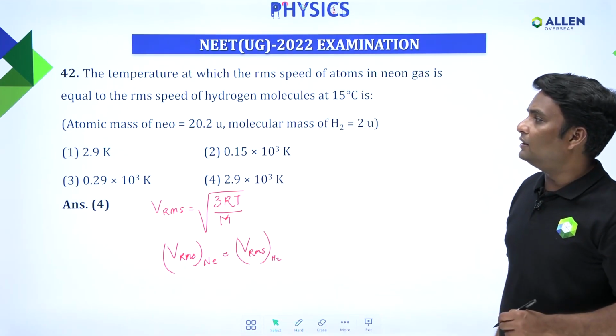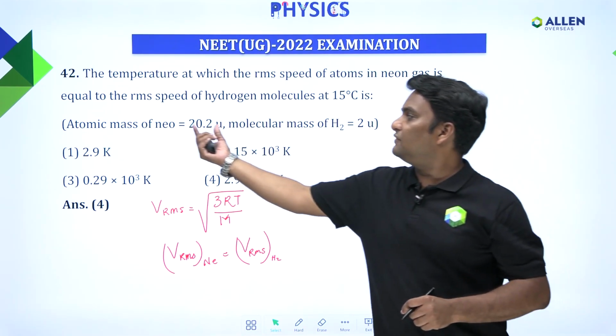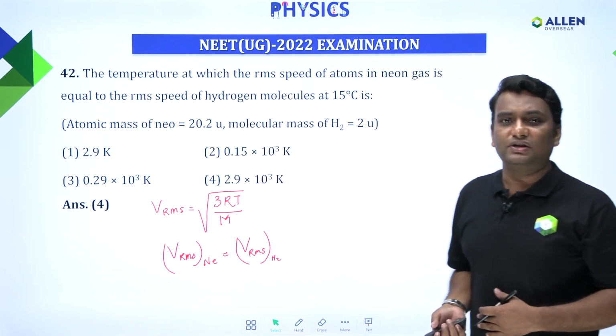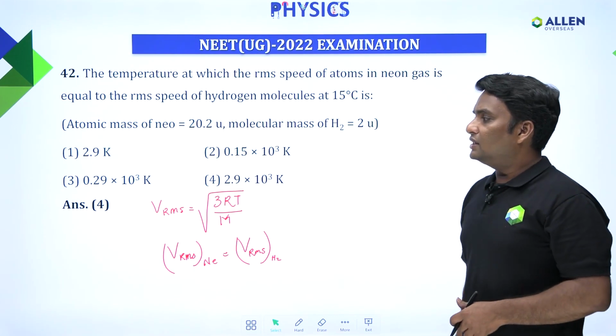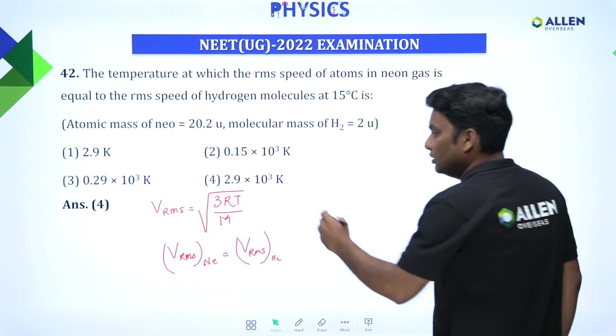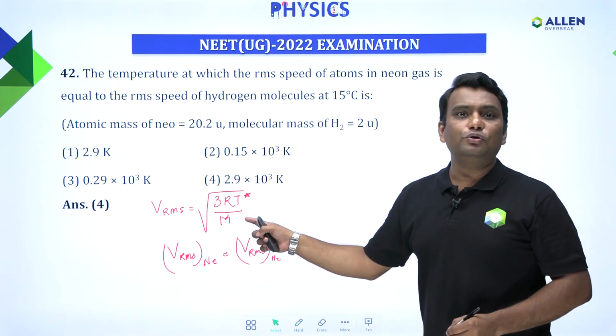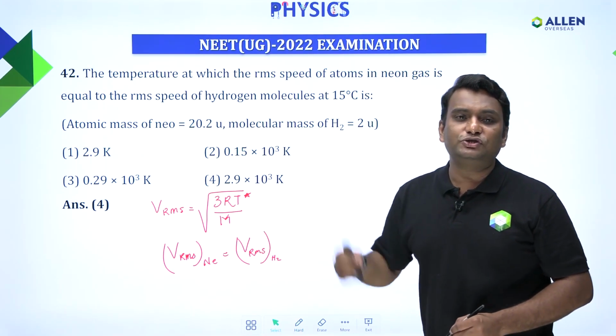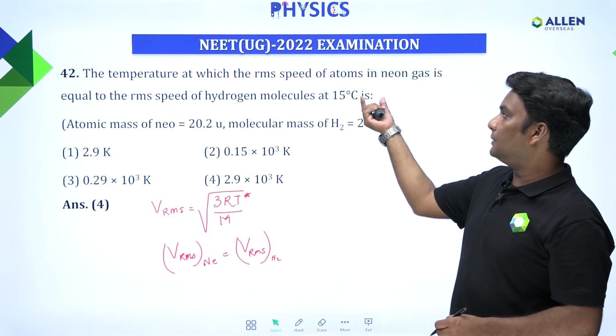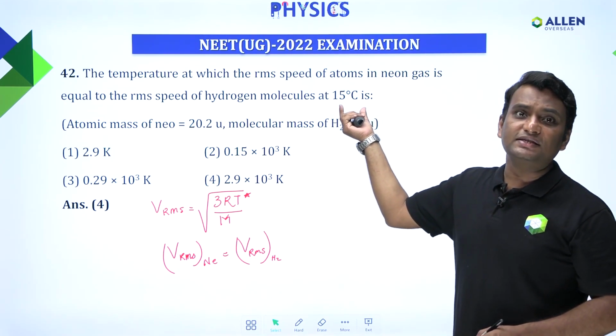Apart from that, the question is also giving us the information about their atomic mass, right? So we are going to put the atomic mass here, but do note very importantly that the temperature we put in this formula should be in Kelvin, and the question gives us the temperature in centigrade.